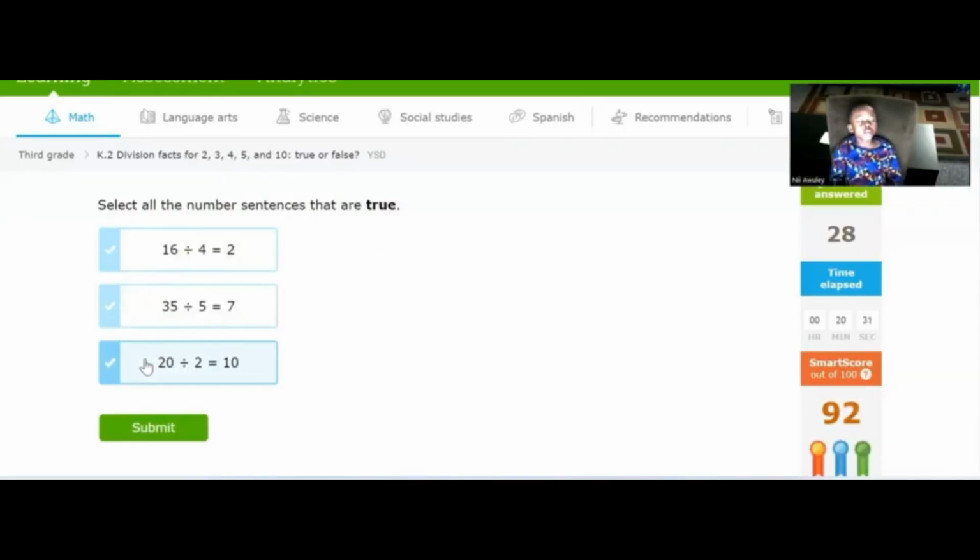Select all the number sentences that are true. 16 divided by 4 is 2. This answer is very false. 35 divided by 5 is 7.